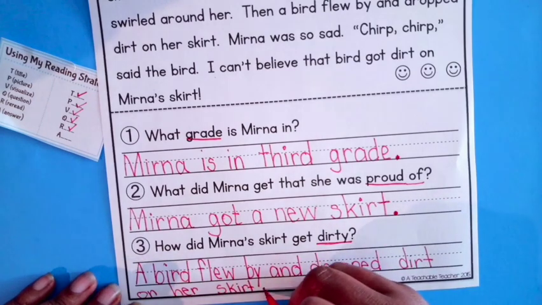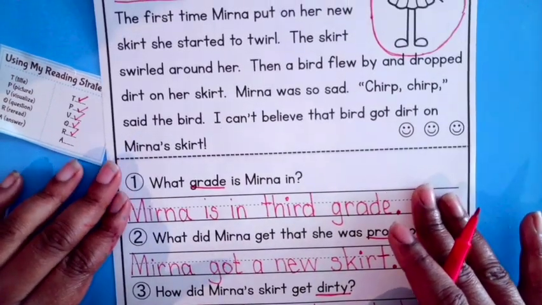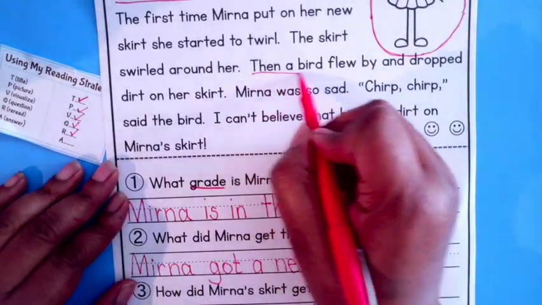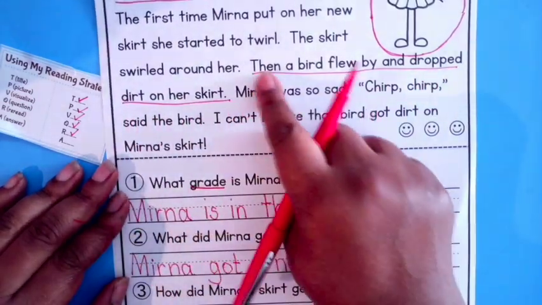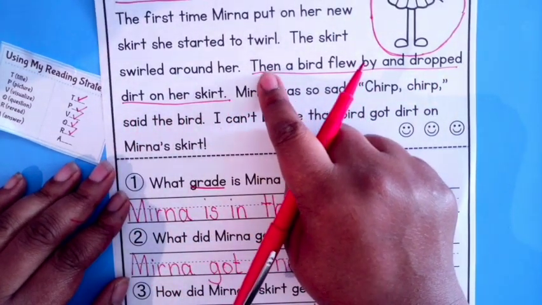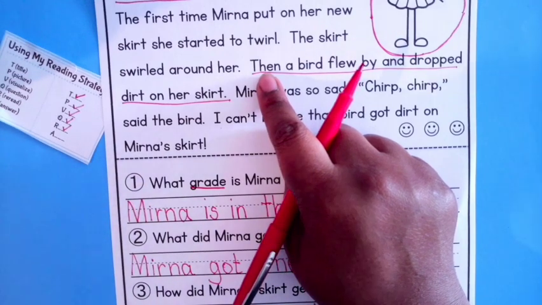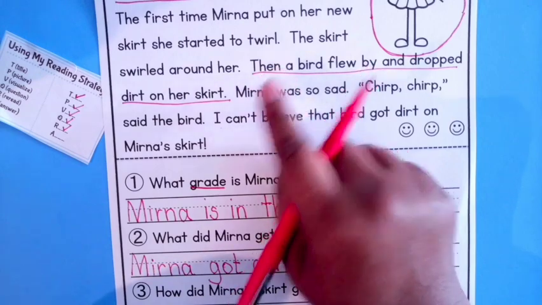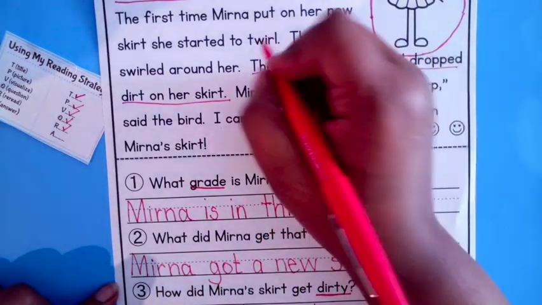And don't forget your period. And also, we're going to go back into the story and prove our answer. Then a bird flew by and dropped dirt on her skirt. We don't need to have the words "and then" because that shows that something happened in order, and that's not what it's asking us. Okay, so we're just going to write a bird flew by and dropped dirt on her skirt. And that's it, boys and girls.